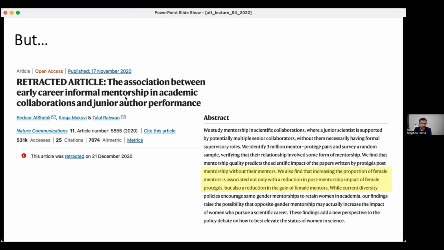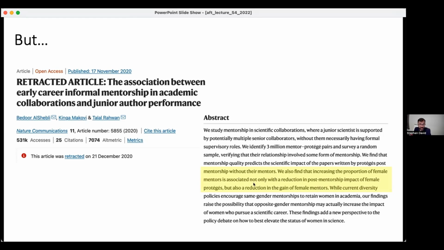This was using co-authorship, again inferring the gender of co-authors, with slightly different criteria, but it basically made the claim that if you have more female mentors, as inferred from the authorship list, that tends to negatively impact the papers. It decreases the impact of the paper. In other words, papers with a large number of women mentors tend not to be cited as much.